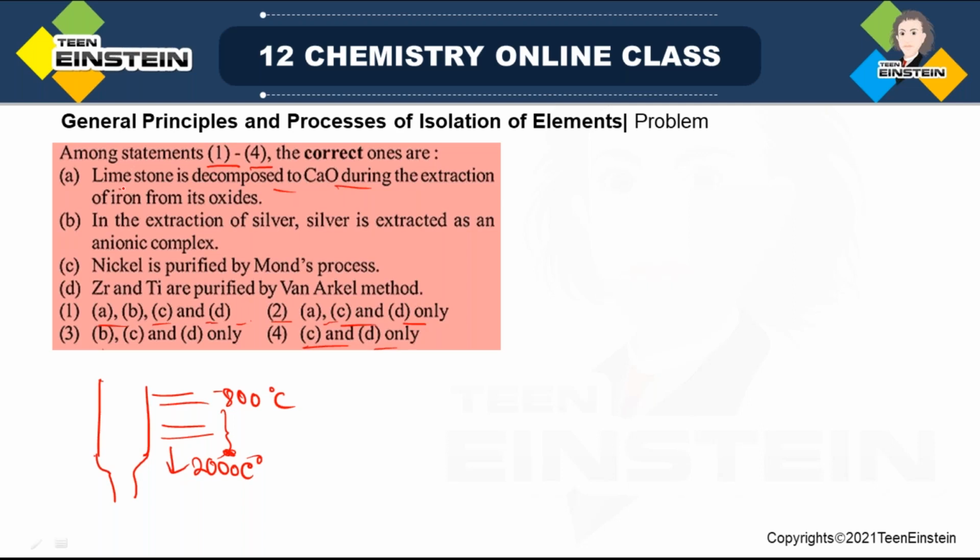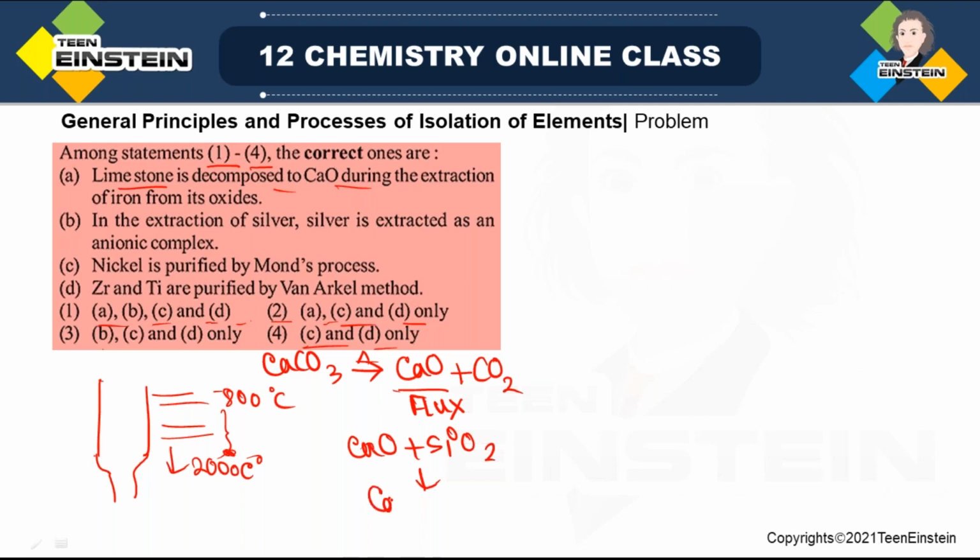We use limestone, which is calcium carbonate, mixed with the ore. When it is heated, it decomposes to calcium oxide and CO2, and this calcium oxide is used as flux, because the impurity present is silica, and calcium oxide reacts with the impurity, which is gangue, and produces the slag, which is calcium silicate. So this statement is correct.